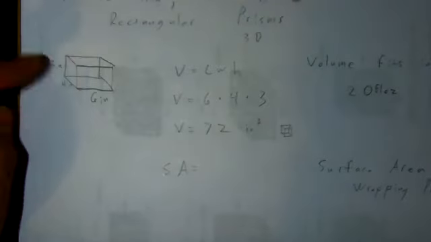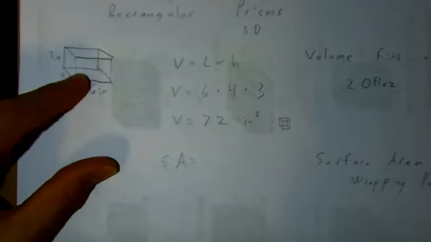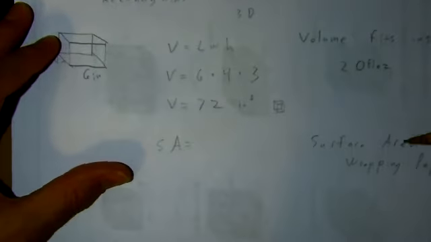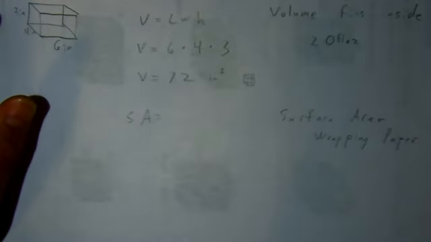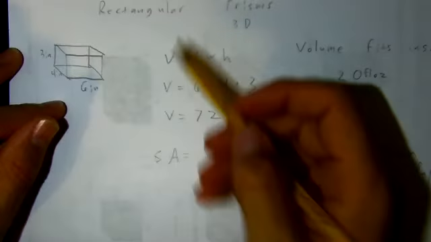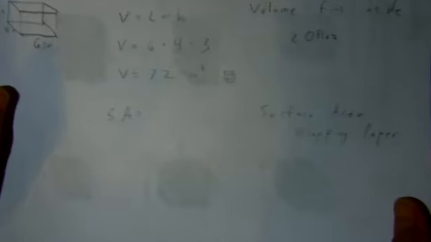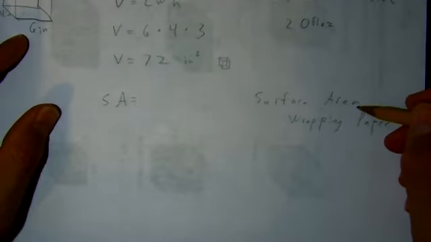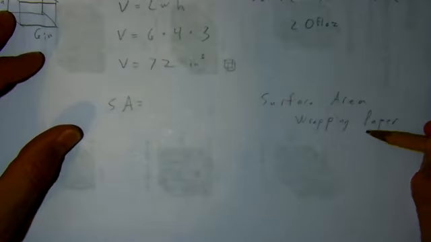If you're going to wrap this box up for somebody's birthday, you need enough paper to cover all 6 sides. So you need to know what the surface area is. Now, of course, with a present, you can always use more and cut down to where you need. But for more specific intentions, if you need to know the exact surface area, you can think about it as how much wrapping paper covers what you're trying to wrap.